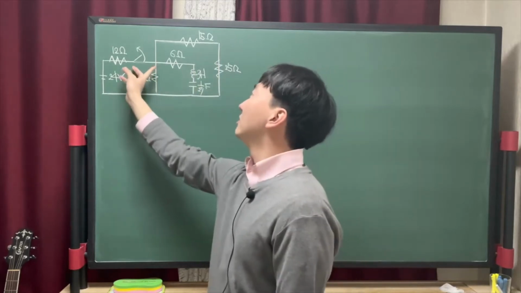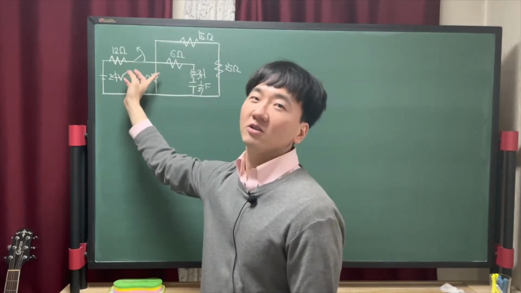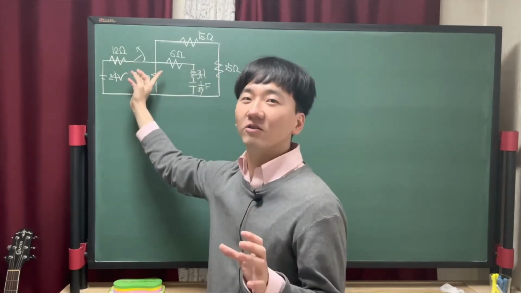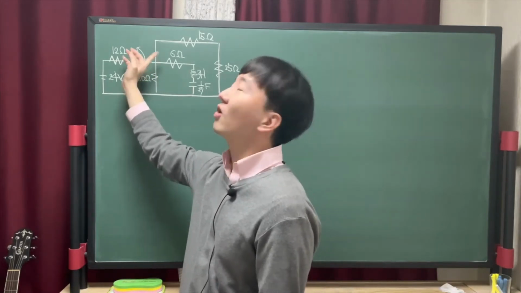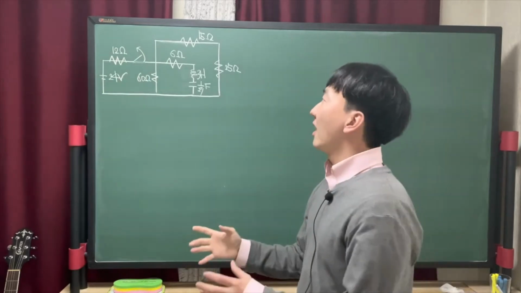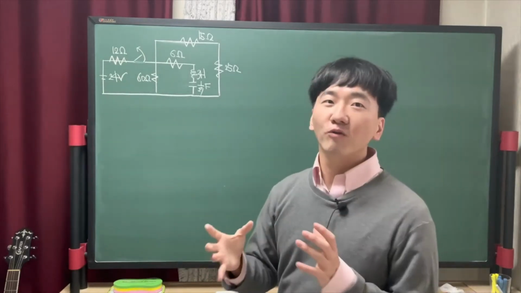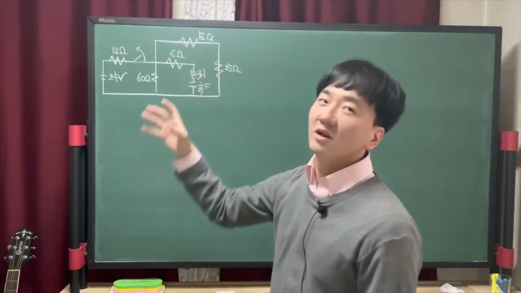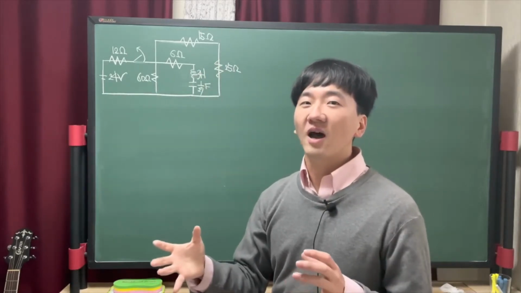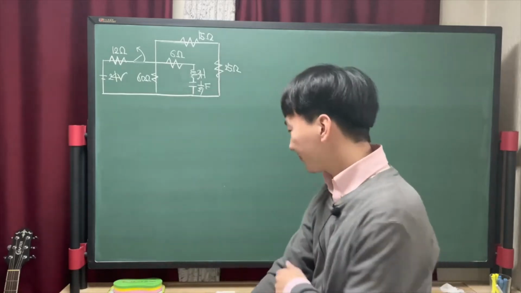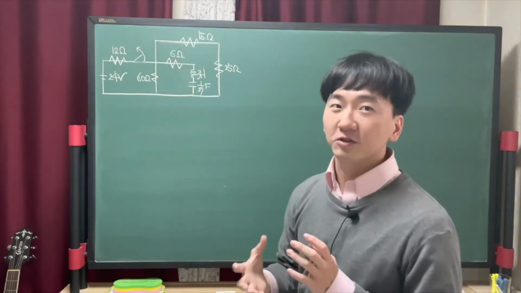At time t equals 0, the switch is turned off, so we have to solve for the voltage on the capacitor V for positive time, after the switch is off.